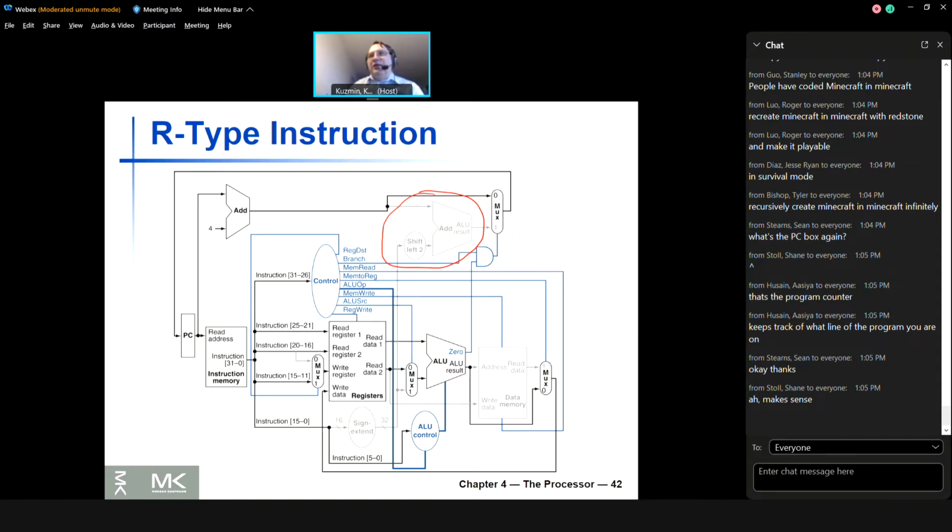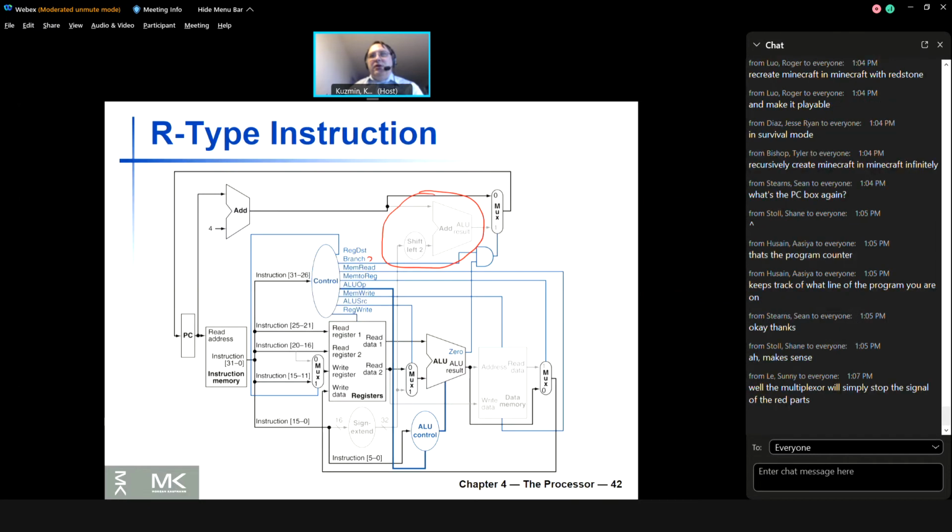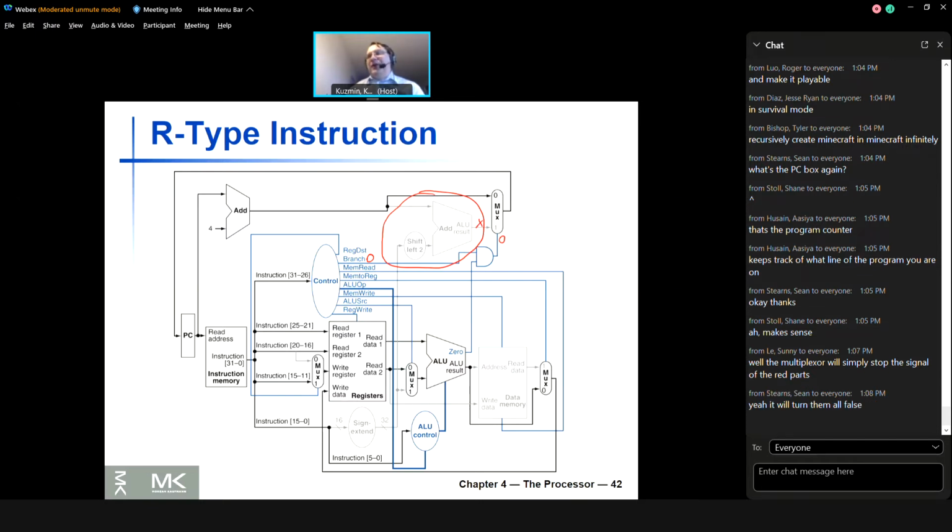In this particular case, why? Because we know that it's not a branch instruction, so this control signal is going to be 0, which means that the output of AND is going to be 0, and that means that it doesn't matter what this shifter with the adder produced; this result is not going to be used for this instruction. This result is still going to be fed to the multiplexer.